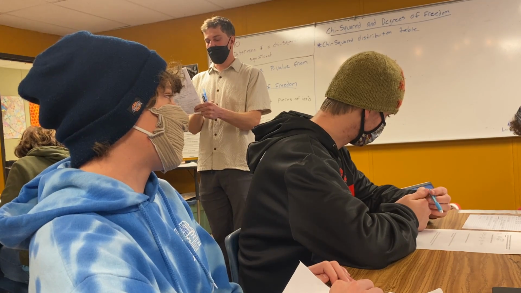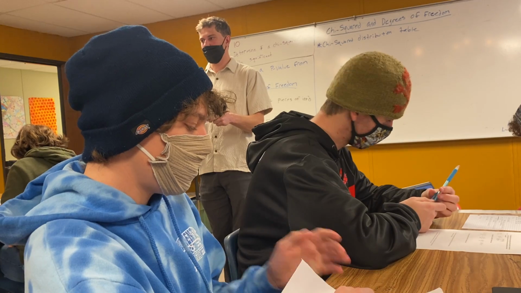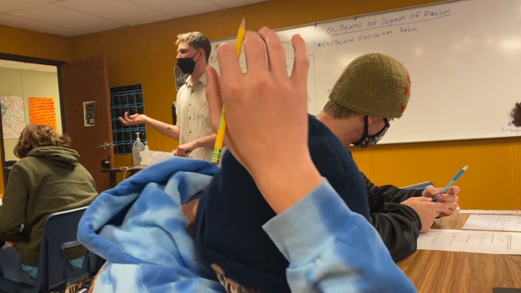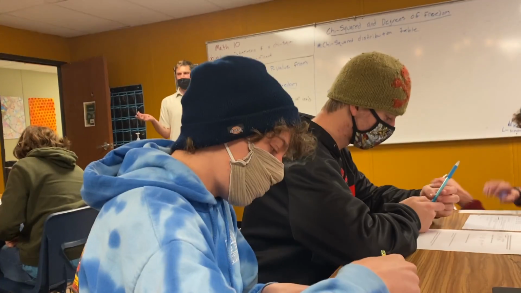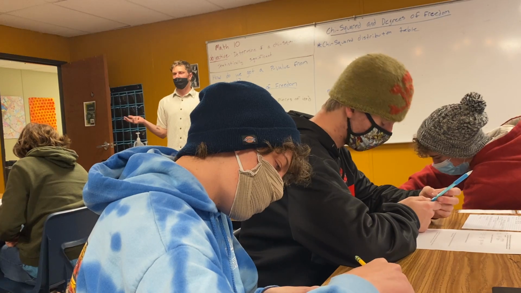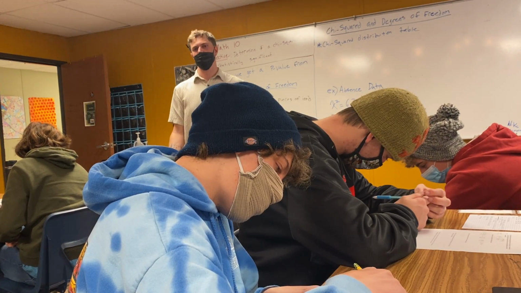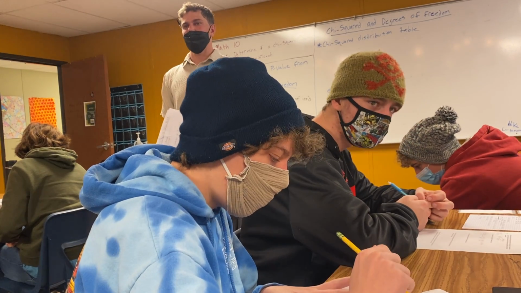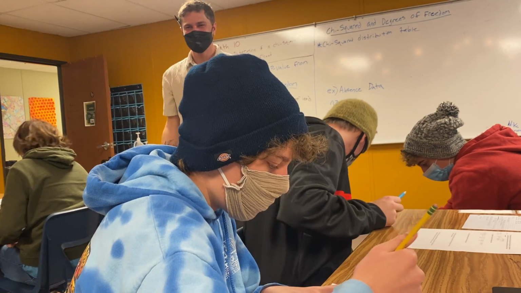All right, so what exactly am I trying to figure out in this problem? My question is, is there a difference between adult tippers and high school tippers? Do they tip better or worse? That's what I'm trying to figure out. What would be my null hypothesis? They tip the same.